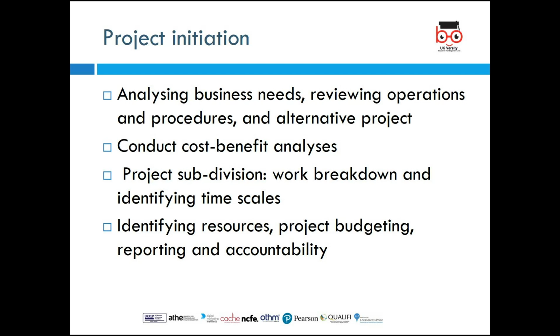Apart from that, do we outsource a catering firm to bring food to the hospital or the workplace? These are all alternative projects. So number one, analyze the business needs of the organization, review operations and procedures within the organization, and look at alternative projects that can meet the same business objectives.